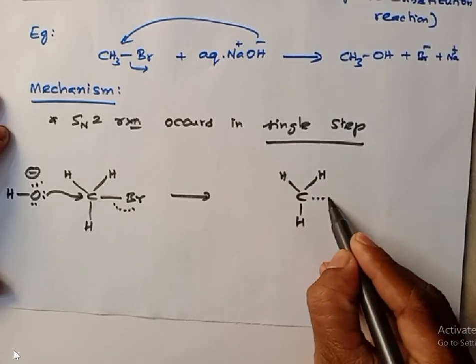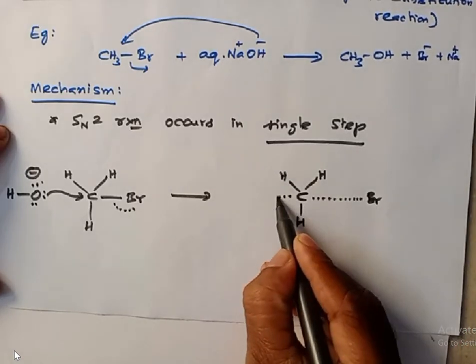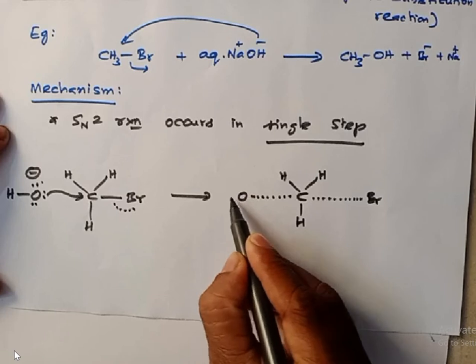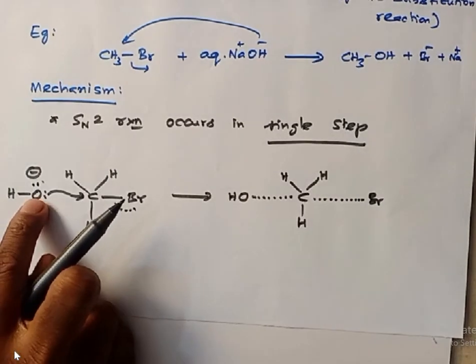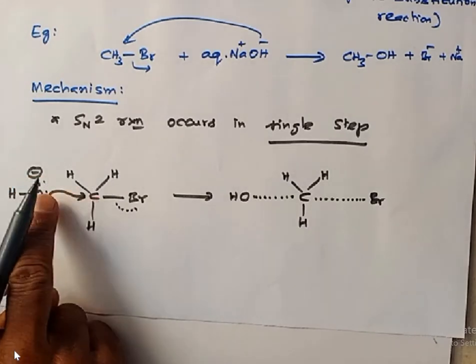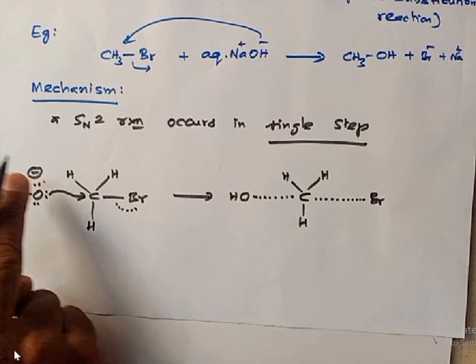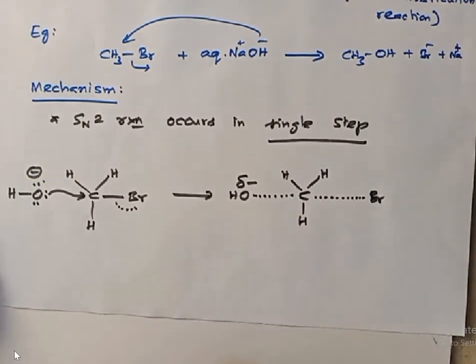So I'll put the breaking bond in a dotted line, and you'll get a new bond between the OH group and the carbon. Initially this oxygen carries a full negative charge, but when it starts to donate the lone pair, the negative charge on oxygen will diminish. So the negative charge now becomes partial negative.